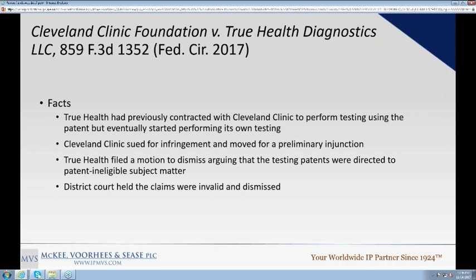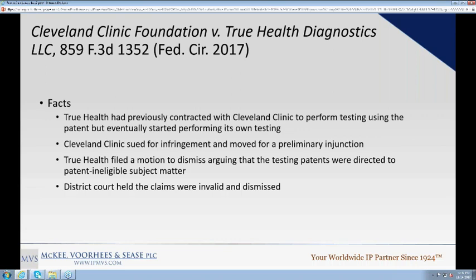Eventually, True Health said, we're not going to pay this license anymore, and they're done. And they went out and just did it on their own. I haven't read all the details of what went on between the parties, but I assume that they thought these aren't eligible in light of Myriad, and so why continue to pay for it? We've got a good defense here. But I don't know. That's my hypothesis.